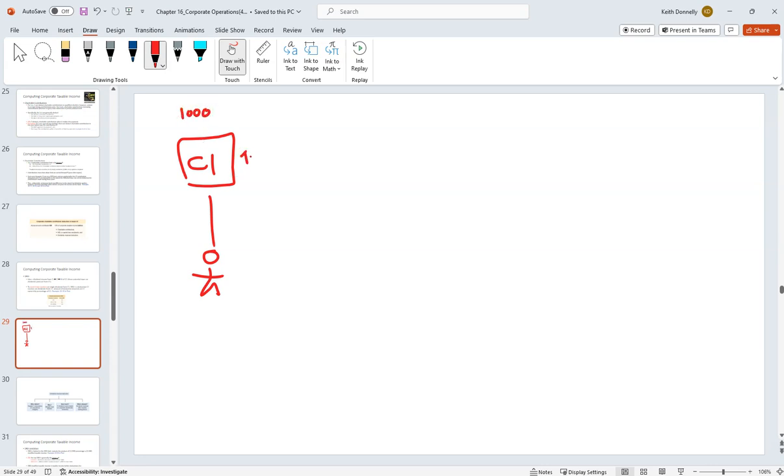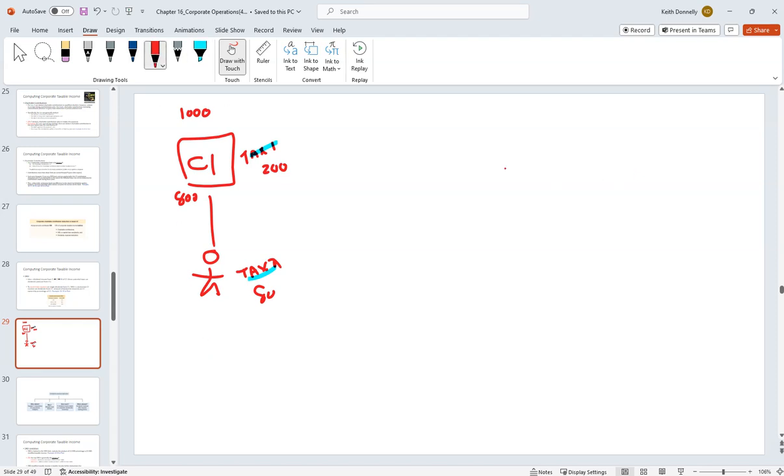There's going to be tax 1, where they're going to have to pay 200. It would be 210, but whatever. Let's just keep it simple. The remaining $800, they push out to the shareholder, and they're going to have tax 2, or let's just say $80. So we got 2 layers of tax here.